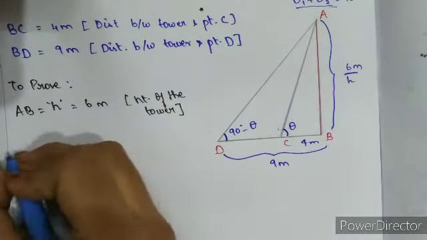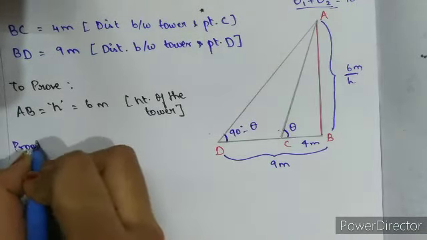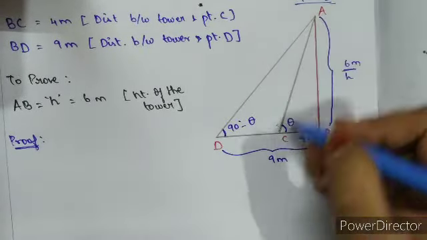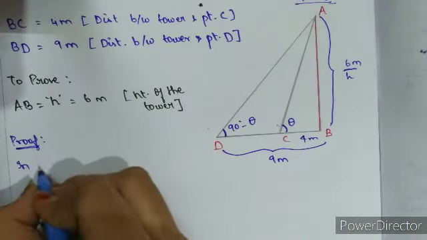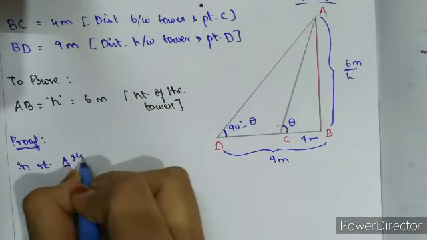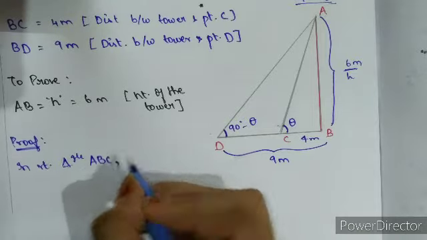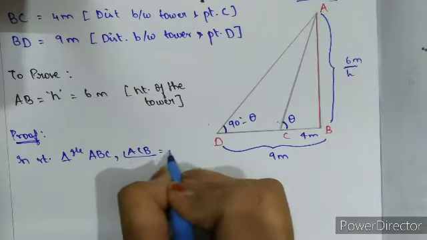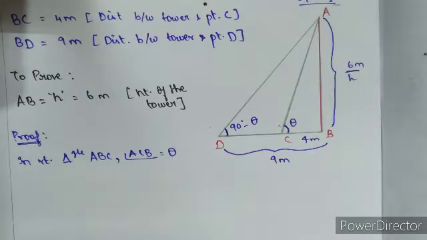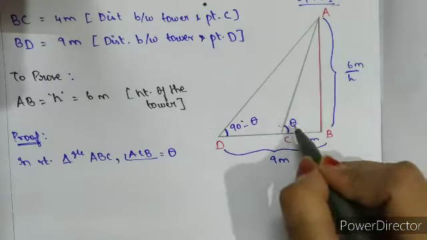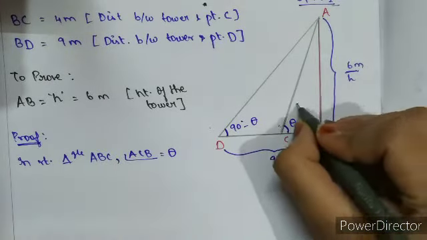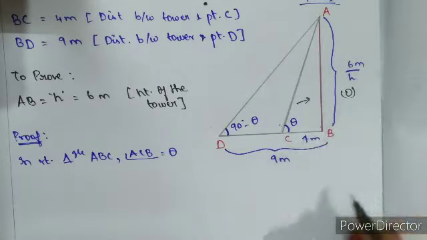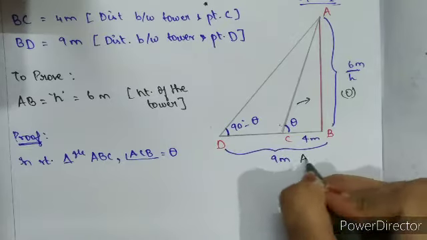So first let us write the proof. First let us consider this triangle ABC. In right triangle ABC, the angle C is theta, right? So we can write that as angle ACB is equal to theta. See here, we know that the side that lies opposite to the angle is the opposite side. So for both the angles, this is the opposite side and this side is the adjacent side.